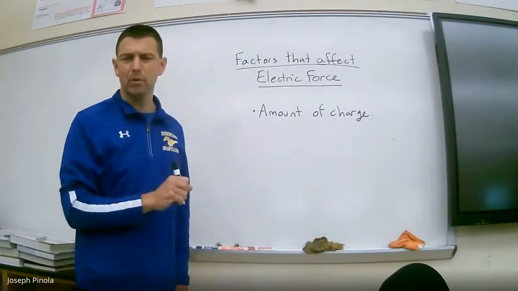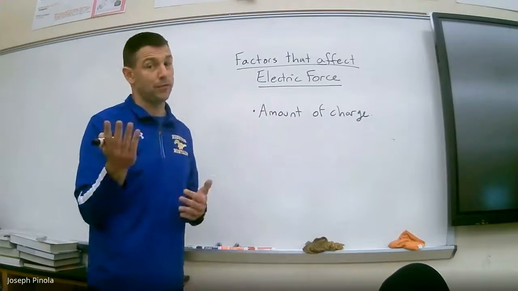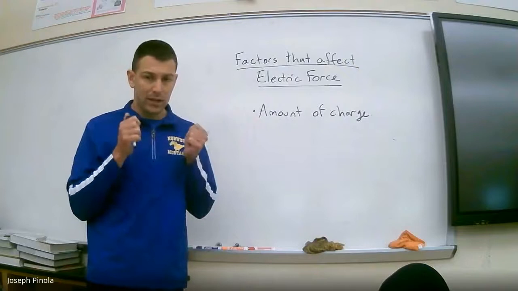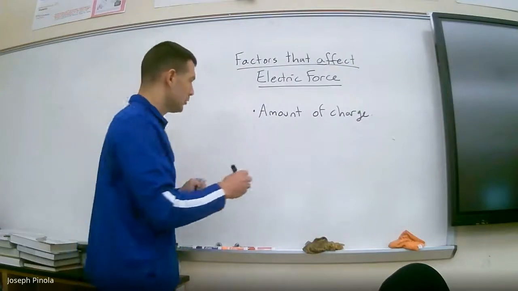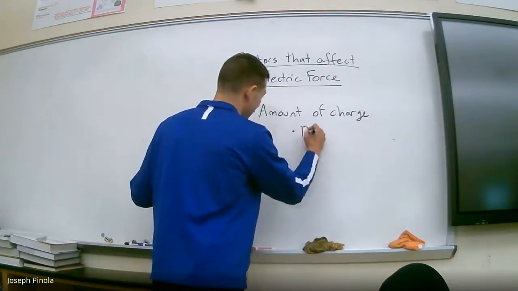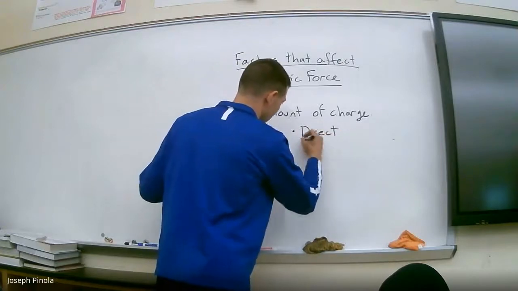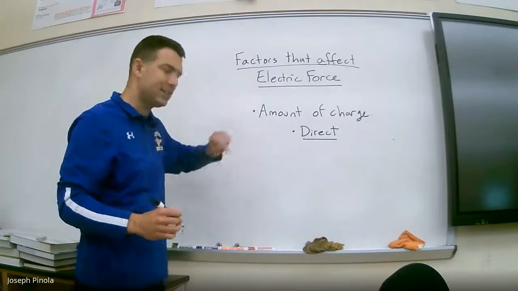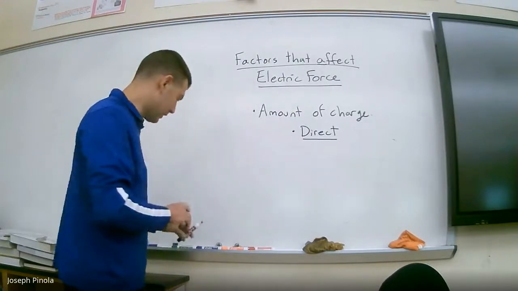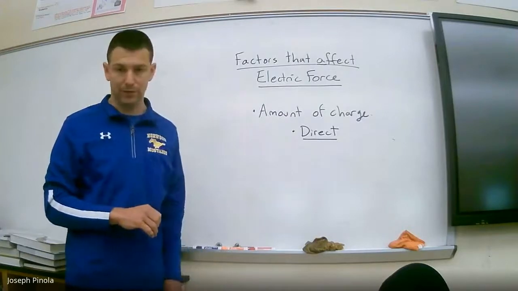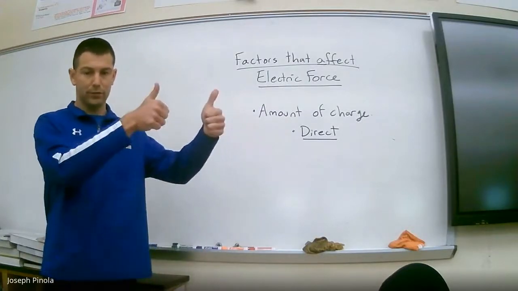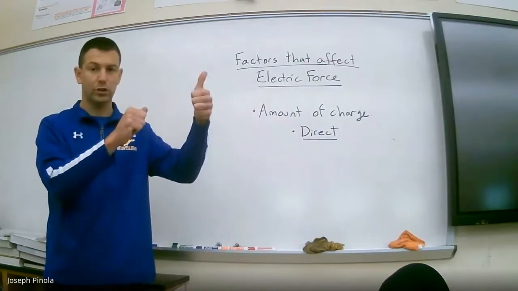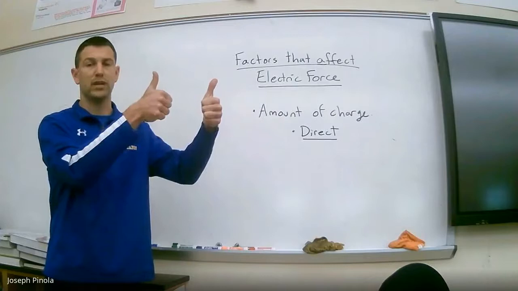If an ion has more charge, for example, +5 versus +2, it will attract or repel in a stronger way. So we say that the amount of charge has a direct relationship with electric force, meaning that as the amount of charge goes up, the electric force will go up as well. Remember, if two factors go up together, that's a direct relationship. More electric charge, more force between the ions.